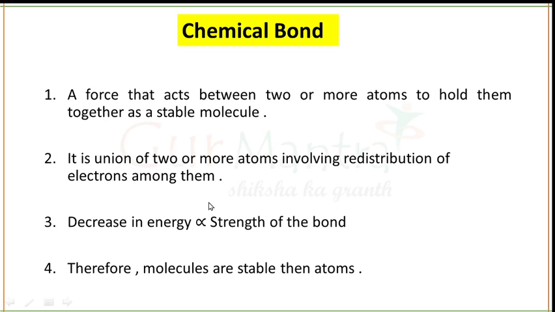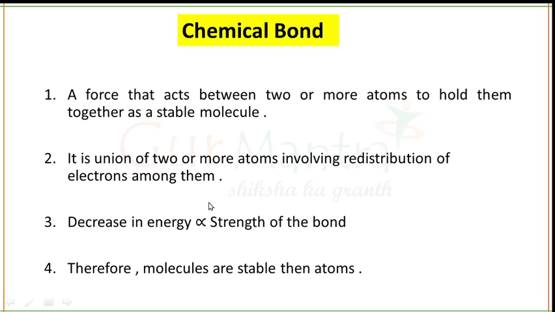For example, in case of HCl molecule, it is formed from two different atoms, that is H and Cl. H atom and Cl atom combine to form an HCl molecule, where H has 1 electron in its outermost shell, while chlorine has 7 electrons in its outermost shell.